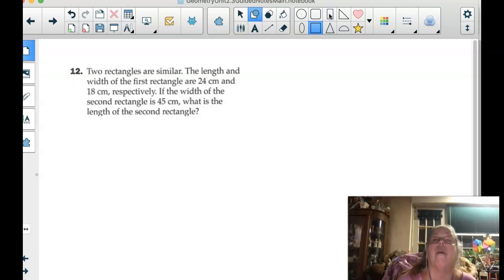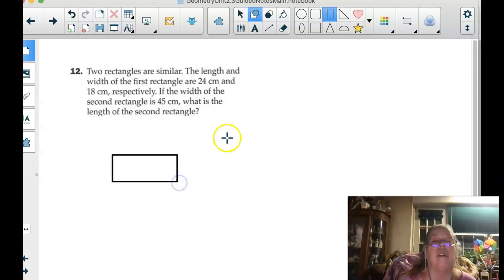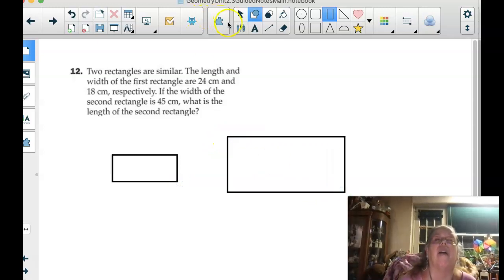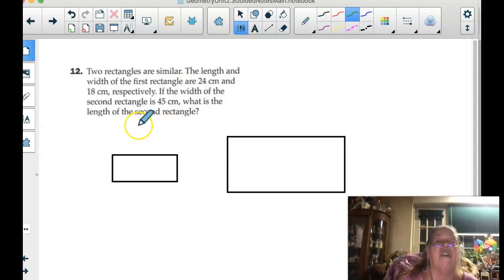Here's one. Here's the other one. Two rectangles are similar. The length and width of the first one are 24 and 18.